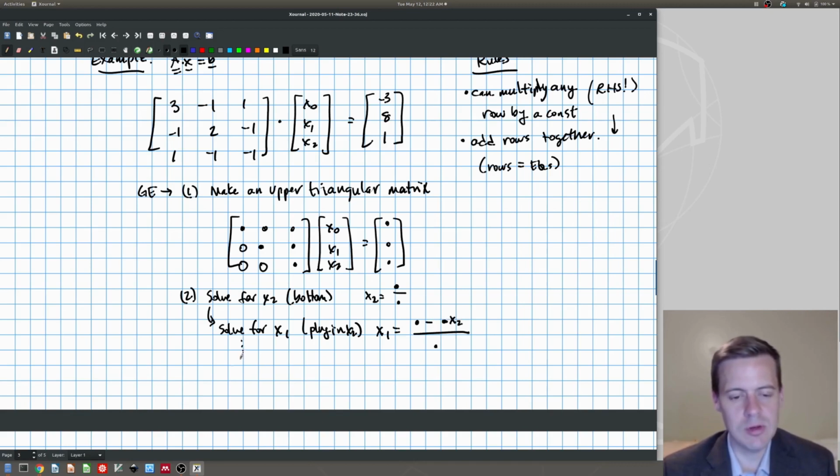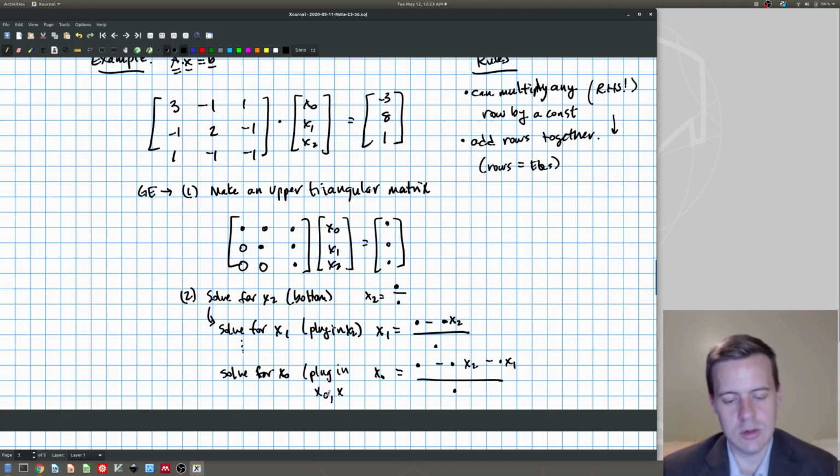And then I can keep doing this and solve all the way up to x0 by doing the same thing. So x0 is going to be something minus something times x2 minus something times x1, divided by whatever that coefficient was. And I still plug in x2 and x1, working my way up.